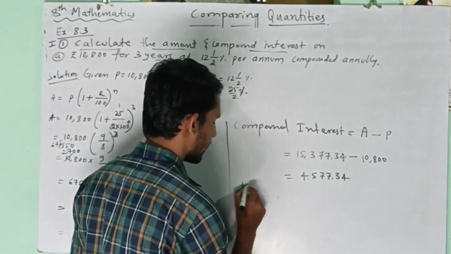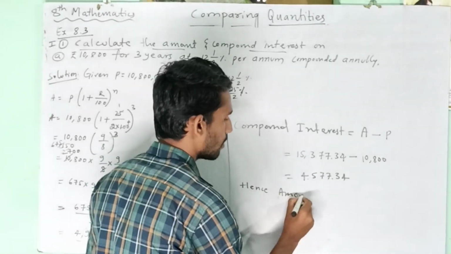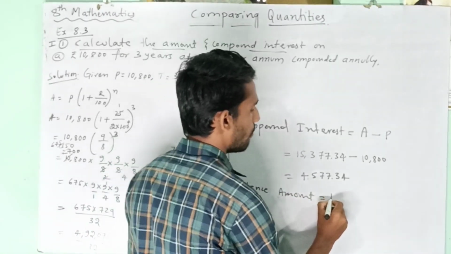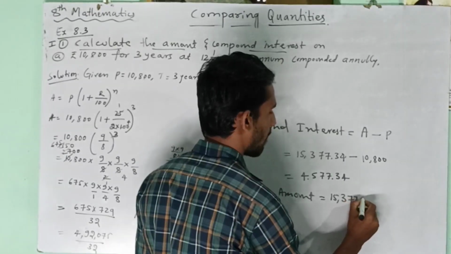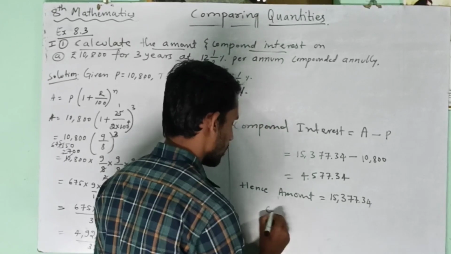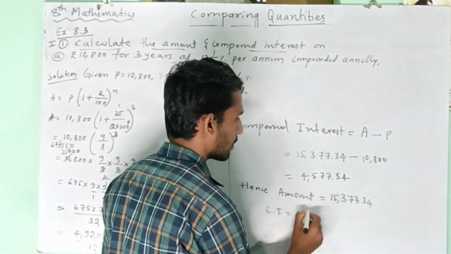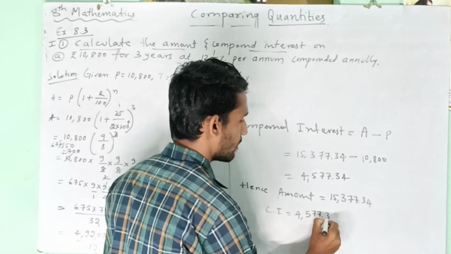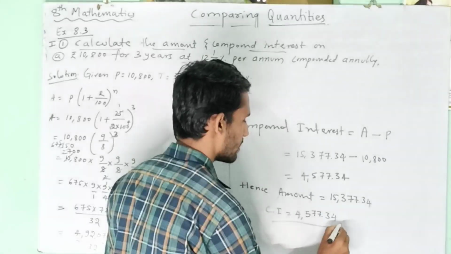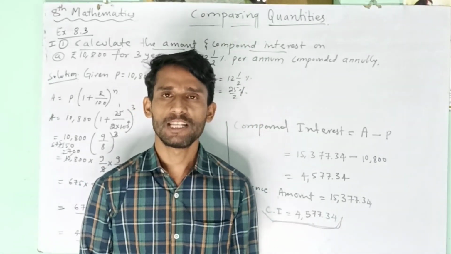Okay, hence we write here, amount is 15,377.34 and compound interest that is 4,577.34. Okay, this is the solution. Next I am taking the second question in first main.